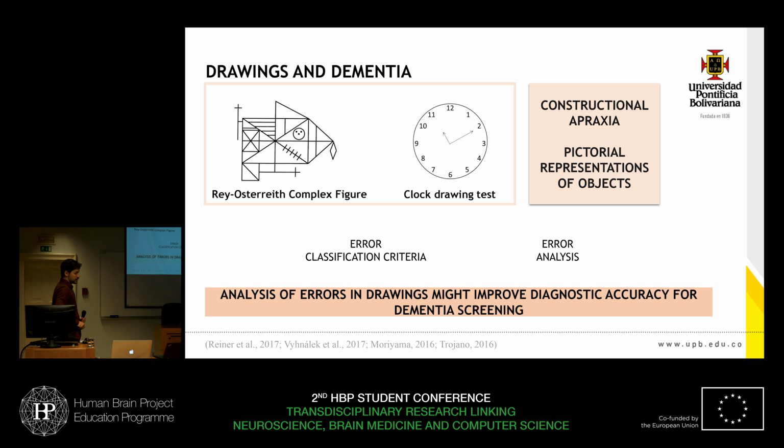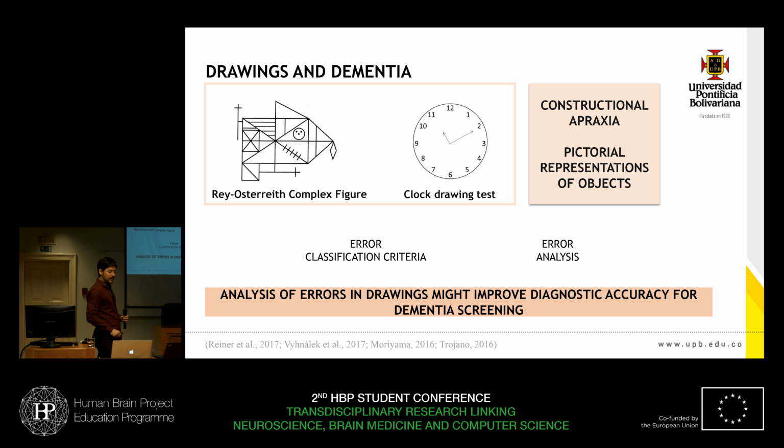In the clock drawing test, the neuropsychologist asks the patient to draw the face of a clock with all the numbers and the hands pointing at 10 past 11. This is all by memory, so they don't show an example of the picture. There's another test, the Rey-Osterrieth complex figure, where they ask the patient to replicate the figure.